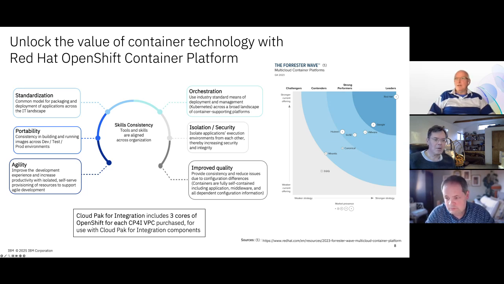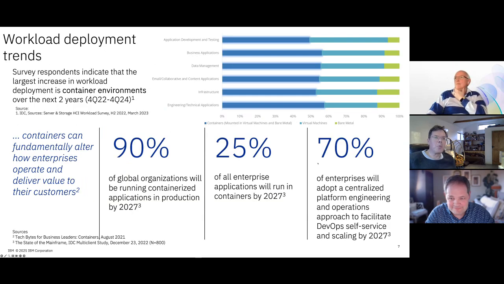You should be seeing 7 right now. I'm seeing the OpenShift container chart. I've got the workload deployment trends. Okay. Well, I'll tell you what. I'll speak to the chart I can see very quickly, and we'll. So. Apologies. Oh, there we are.